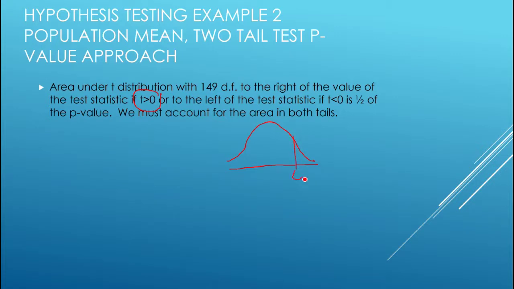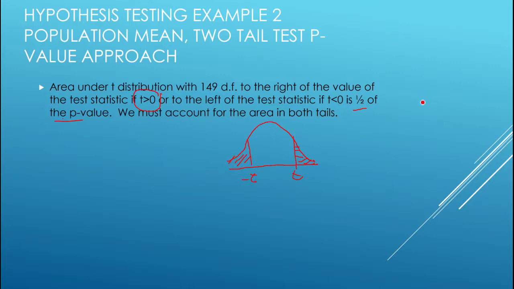Maybe it's right here. Here's our positive t-statistic. In that case, what we would do is look at the area that's to the right of that t-statistic, but that's only 1/2 of the p-value, because we actually have minus t, and we have to account for both tails of the distribution.